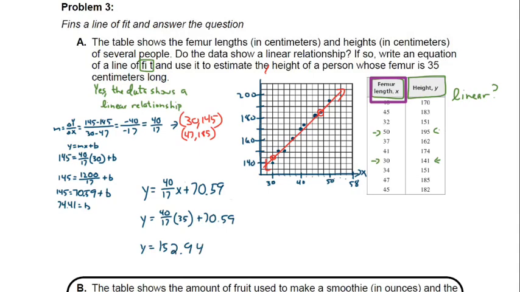So someone with a femur length of 35 centimeters is about 152.9 centimeters tall. And there you go.